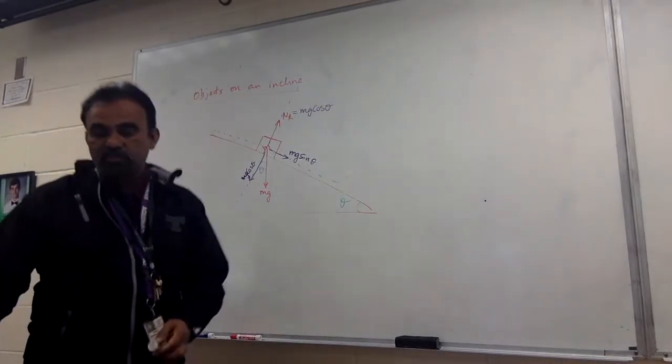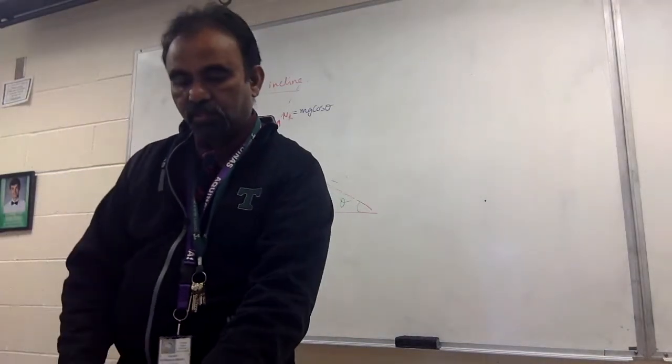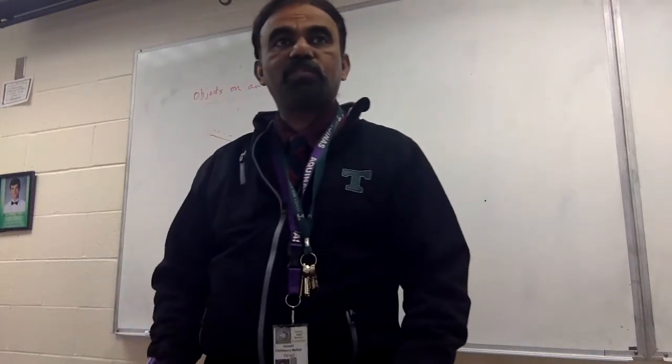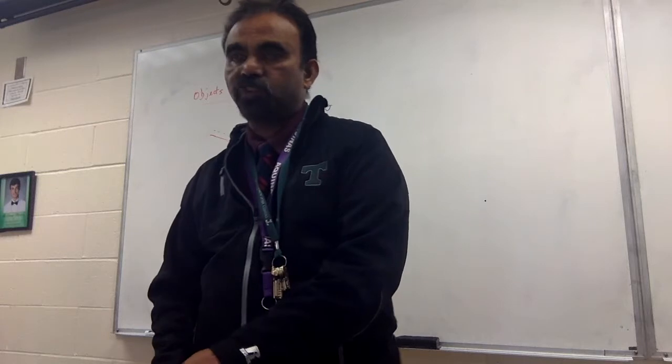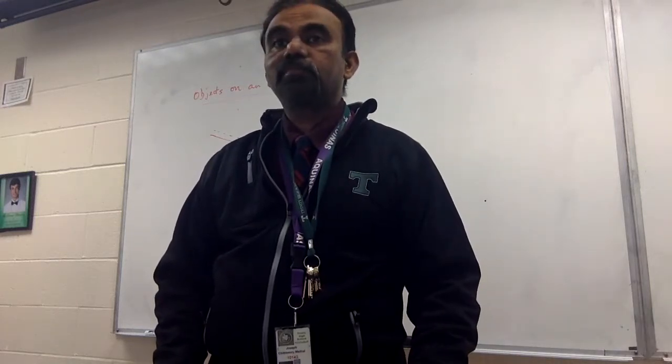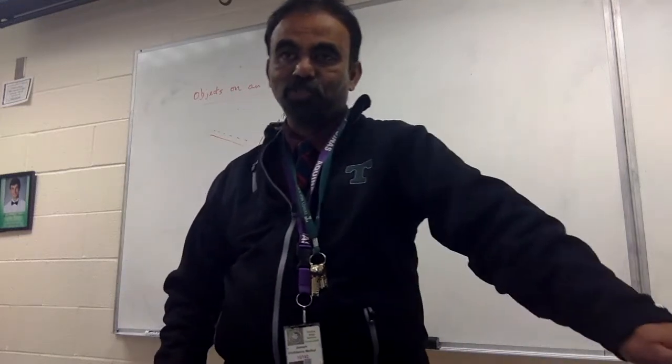So if I'm keeping this marker on this meter stick, which is absolutely horizontal, what is the force with which this marker is attempting to go this way, to the side? 0. Why?